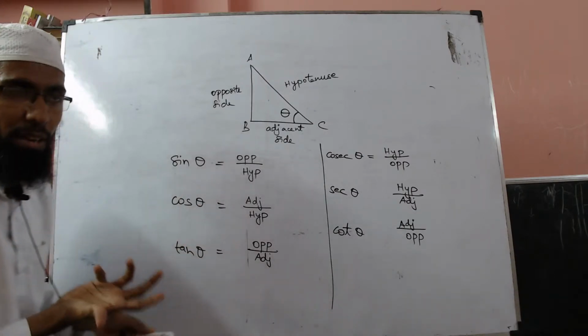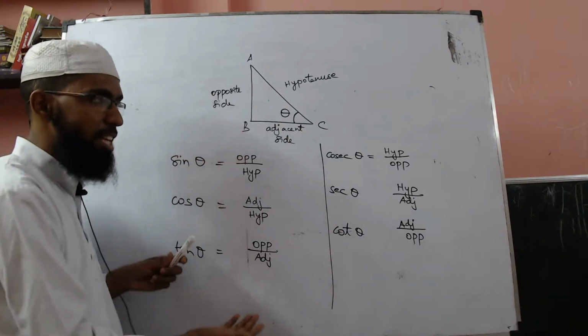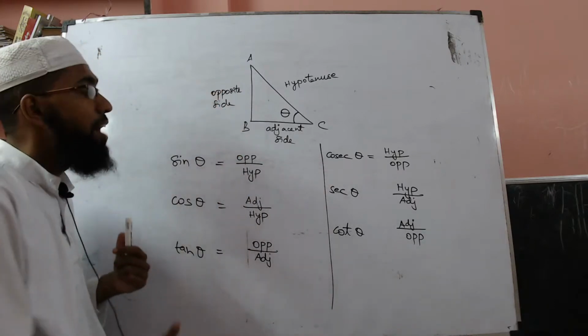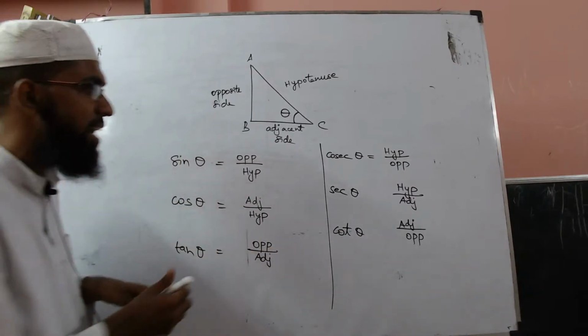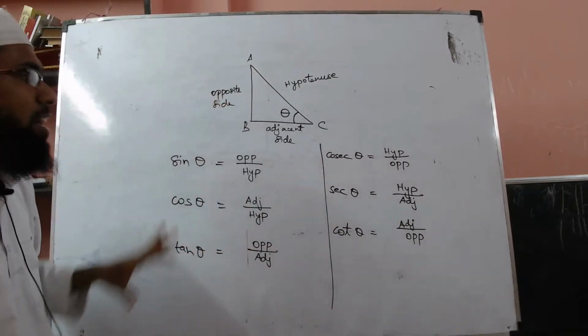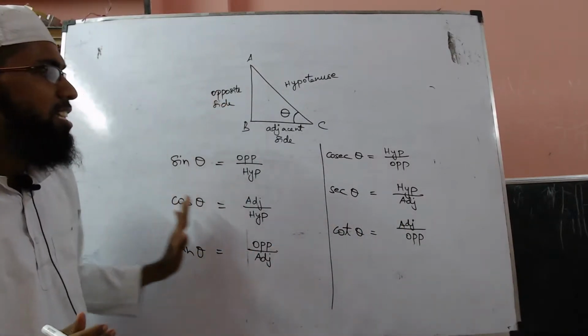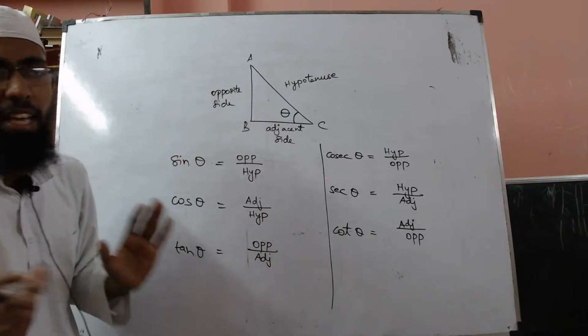But when we understand it, we should understand it in this way. We are getting six ratios with the help of this right angle triangle. For those six ratios, we are naming them sine theta, cos theta, tan theta, cosecant theta, secant theta, and cot theta. These are the six basic trigonometric ratios.